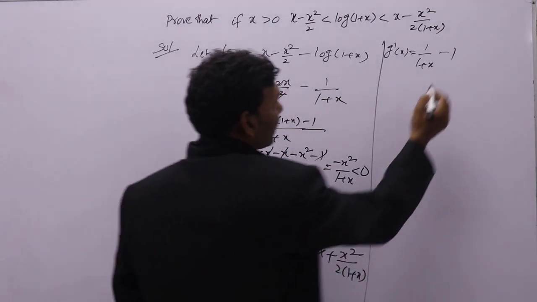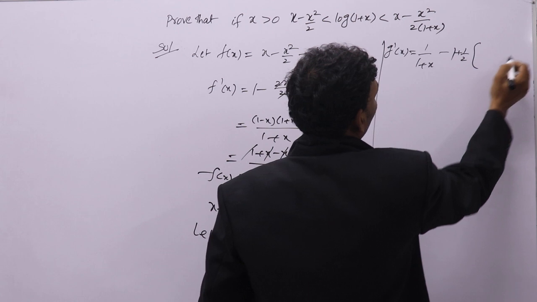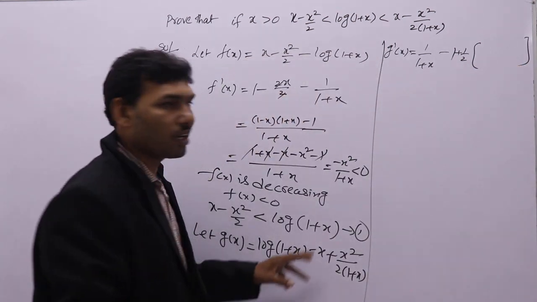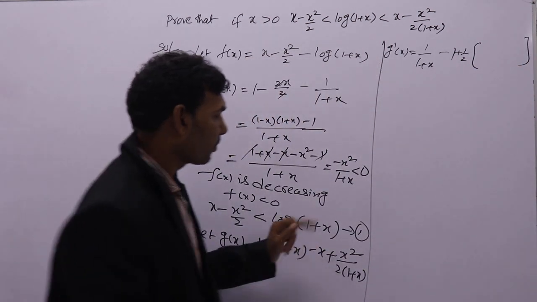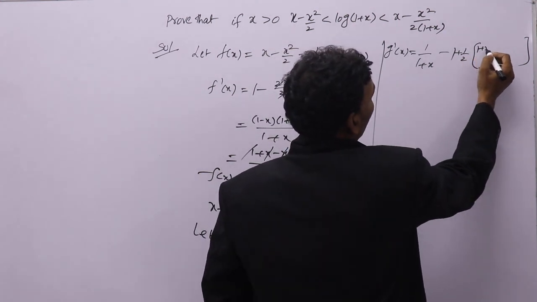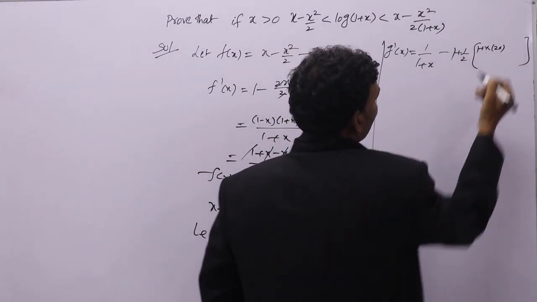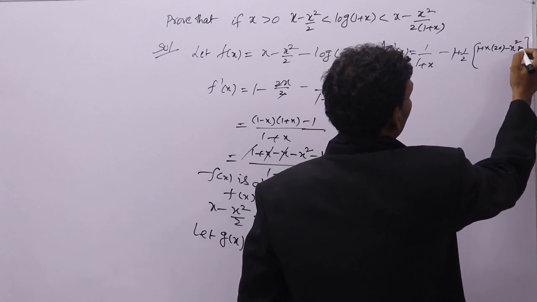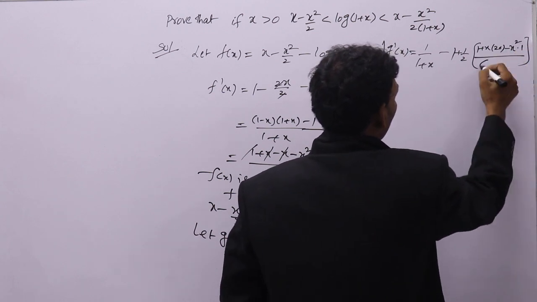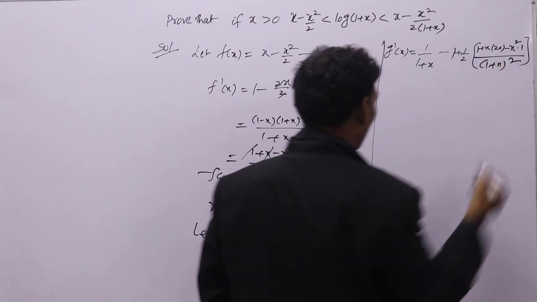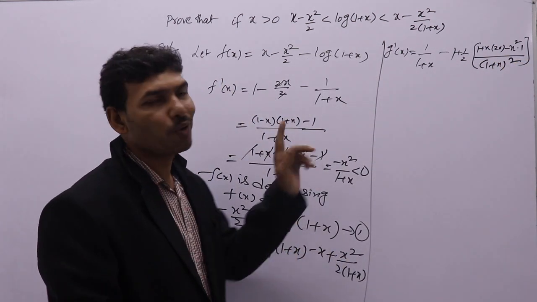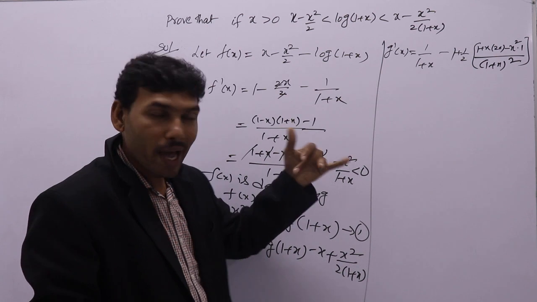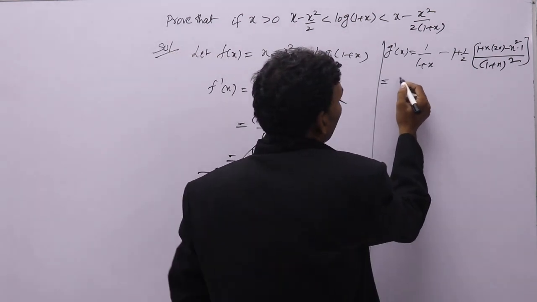Now take this 1 by 2 as a constant. Now apply the u by v rule: 1 plus x into differentiation of x square, 2x, minus x square into differentiation of 1 plus x, 1, by 1 plus x whole square. The u by v rule is v u dash minus u v dash by v square. Like that.